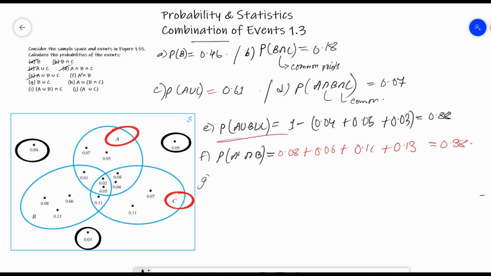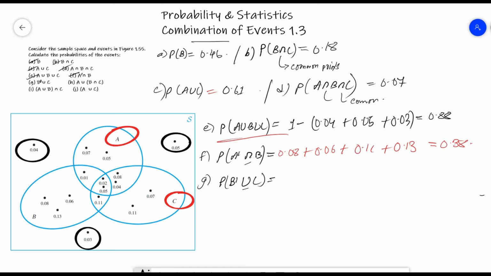Now in number G, we're asked to find out the probability of, okay, again this one will be B complement, probability of B complement union C. Now there is a difference between union and intersection, so we'll learn it in this problem. Now whenever we are asked to take the elements that are not in B but in C, we'll have to be a little bit careful here.